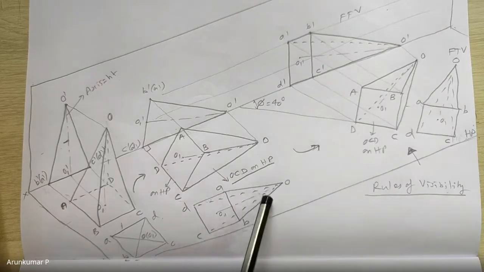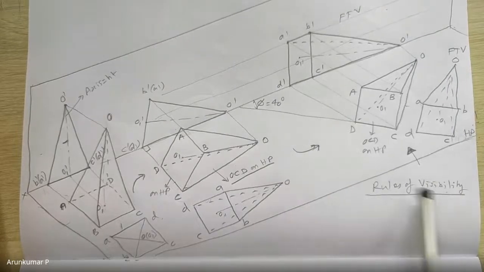Otherwise, it would have been represented by these hidden lines. Okay, so that is another thumb rule there. So we'll see all these rules of visibility and all. But I hope I've been able to give you a rough idea as to what to expect in this projection of solids. Okay, so basics of solids and planes remains more or less same.